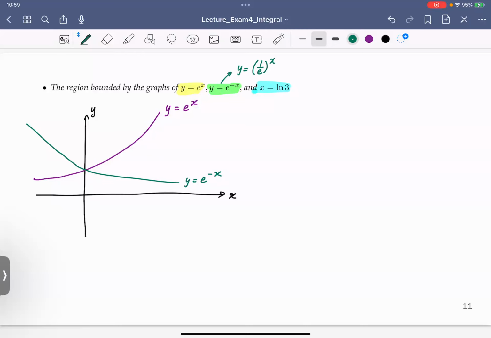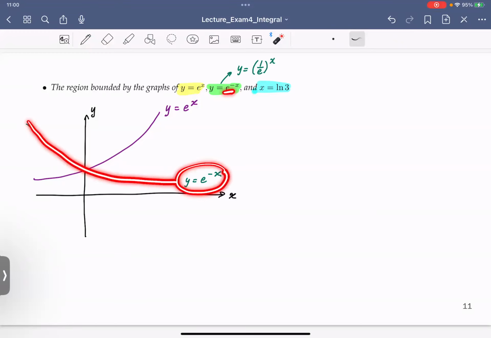If you do y equal to e to the minus x, it is the same thing as y equal to e to the negative 1, to the x, or 1 over e to the x. So the curve is like the exponential function, but because your base here is e to the negative 1, it's going to be a decreasing function.